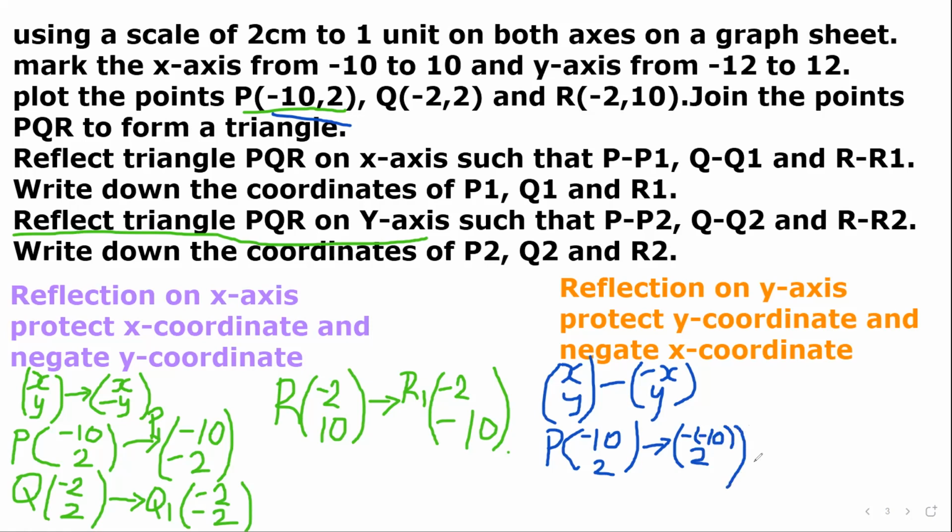Okay. Therefore, once there's a negative here, it will be -10 against +2. And whenever a negative and a negative meet in opposite like this, it tends toward positive, and here it will be +10 and 2.